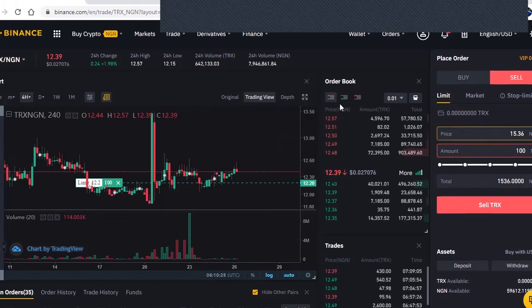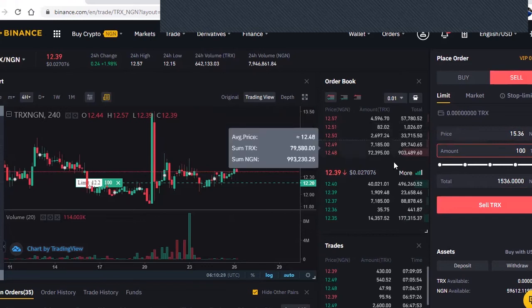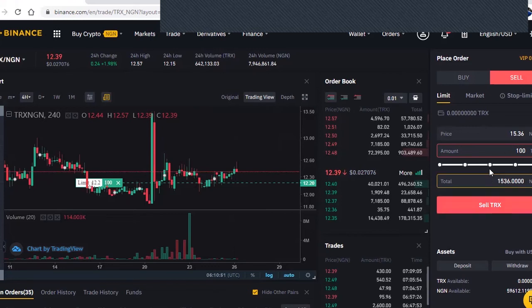If you look at it now, the market is not currently trading at that price, but I choose to sell at that price. So I will just place my sell order and expect it to be filled once the market gets to that point. So I just click sell.